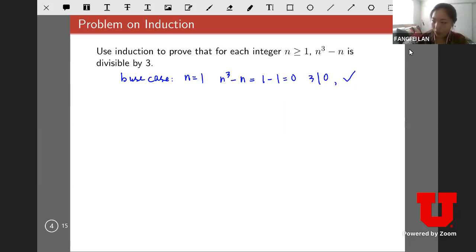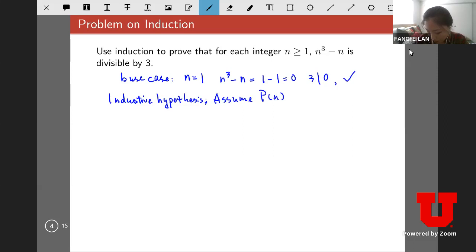Okay, so then we're going to go to the inductive hypothesis, which is that we assume Pn is true, right? And then we want to show Pn plus 1 is true.